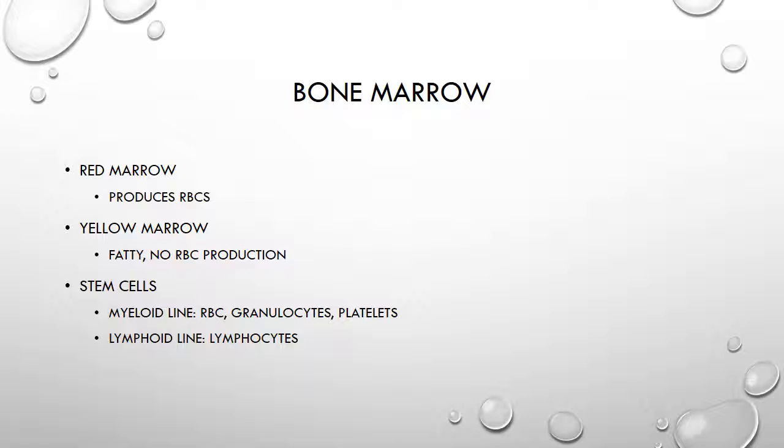When we look at the lymphoid line in the stem cells, that's where we have the lymphocytes, the cells dealing with immunity: the T cells, the B cells, and the natural killer cells. Those various lymphocytes are created in the stem cells of the bone marrow.